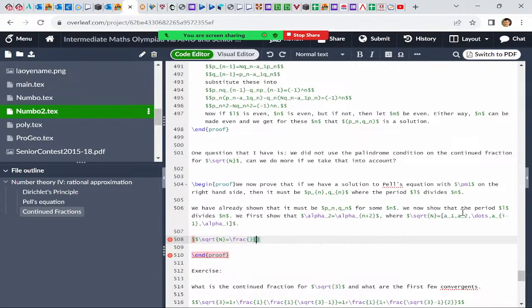So it's the fraction where Px plus... yeah, so we need to use the alpha n plus 2 somehow, right? And it's plus p something, yeah? And then we'll have alpha m plus 2.